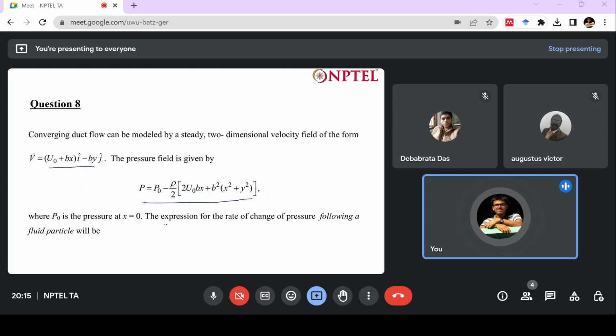What is basically asked is to find the expression for the rate of change of pressure following a fluid particle. This portion is very important here: following a fluid particle. So what will you do? What is the thing that you need to find? Can you tell me what is the thing that you need to find?